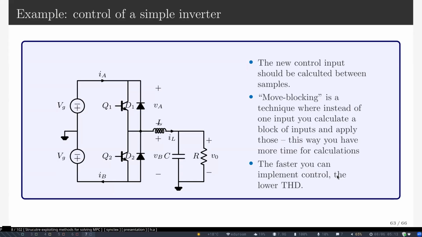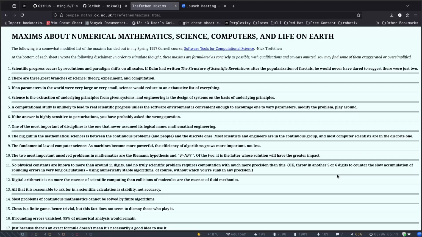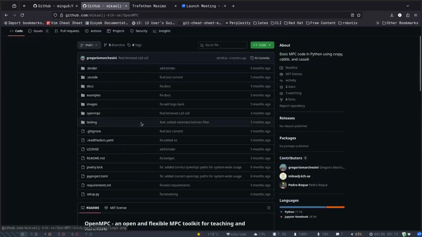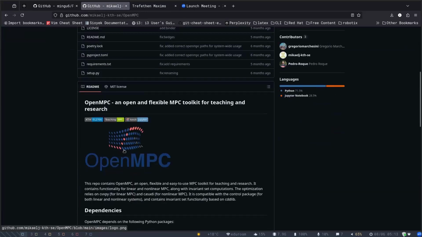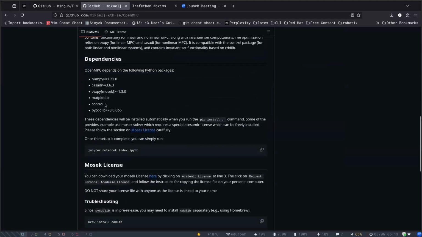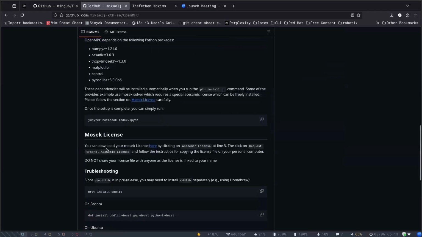Just before, if anyone wants to run it while I'm doing it, you can go to this OpenMPC repository. It's maintained by Mikael Johansson out of KTH. I think it's a very handy tool. You have to muck around a bit with the Mosek solver, and if you follow that, you're fine.